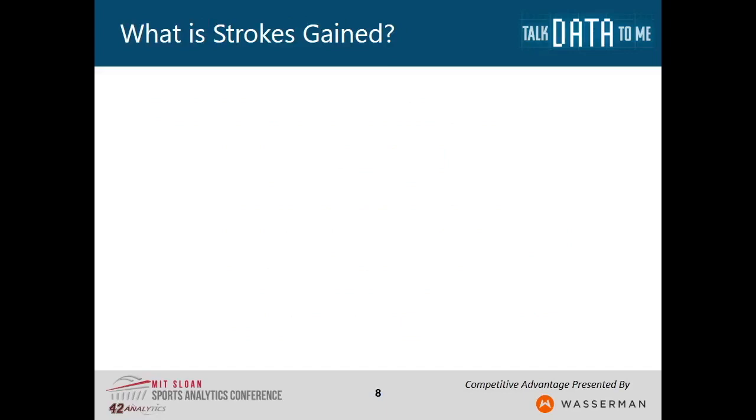So what is strokes gained? If you're out there and you know what it is already, you are in the vast minority. I start out all of my meetings with tour players and their coaches by giving these examples, and it invariably leads to very, very spirited conversations about what these numbers really mean and how do they relate to the traditional statistics that they all are so familiar with and have used for years and years.